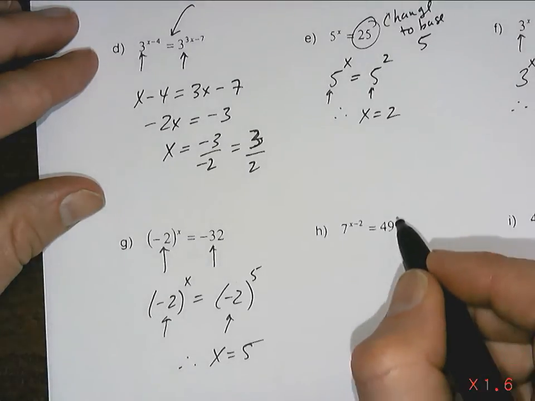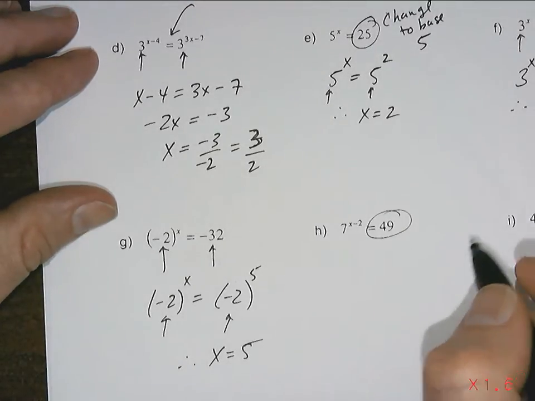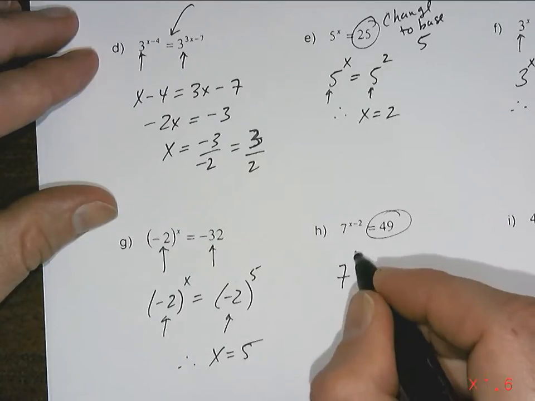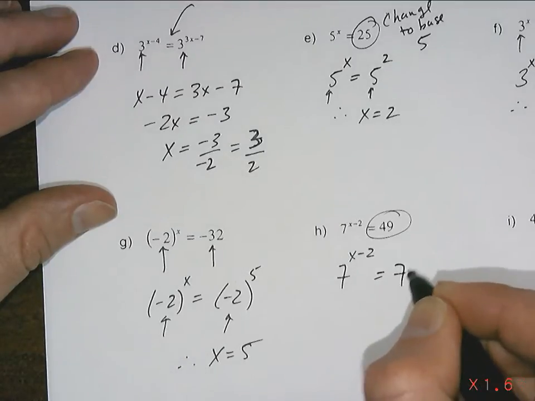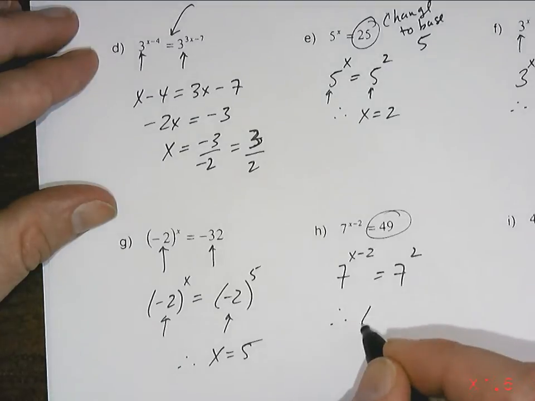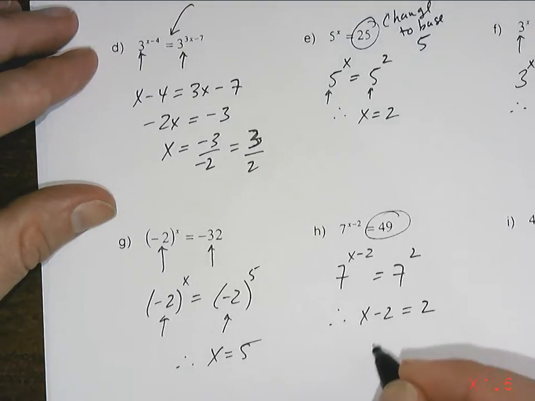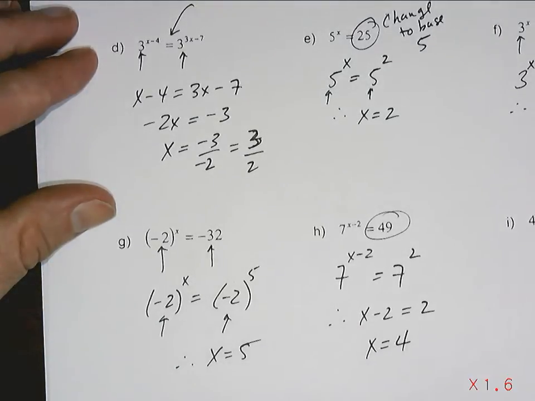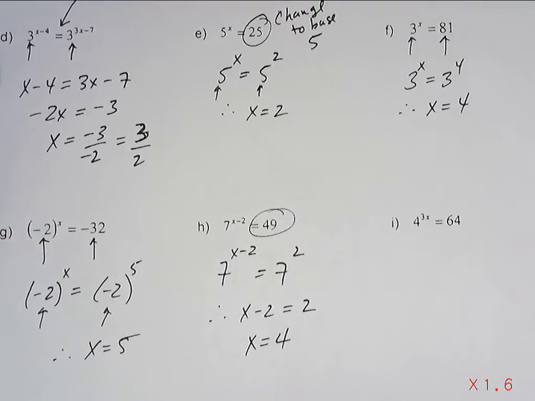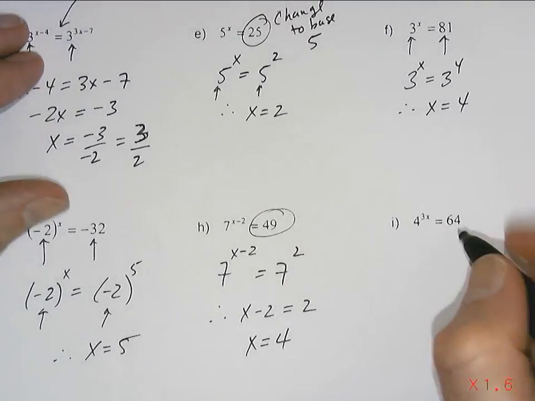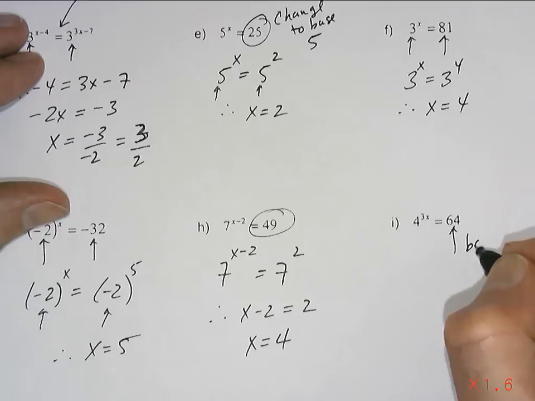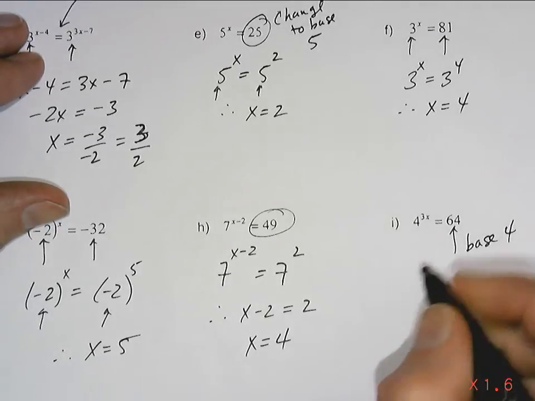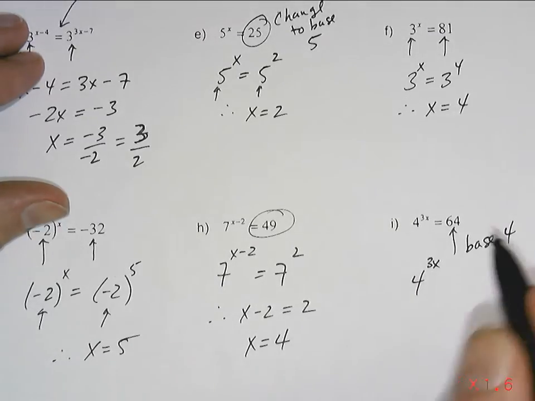Looking over here, we've got this 49. We're going to want to change it to a base 7. So it's 7 squared, and therefore x minus 2 equals 2. x equals 4. And the last one on this side, we're going to want to change this to base 4. So it's going to be 4 to the 3x. How did I know base 4?